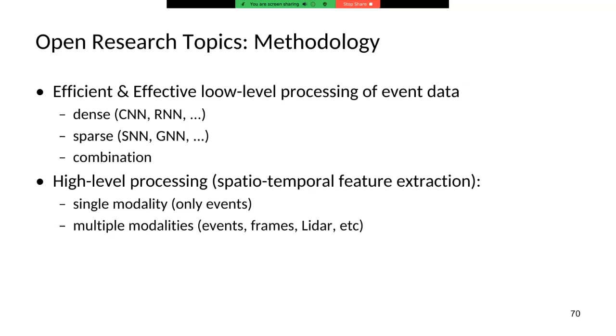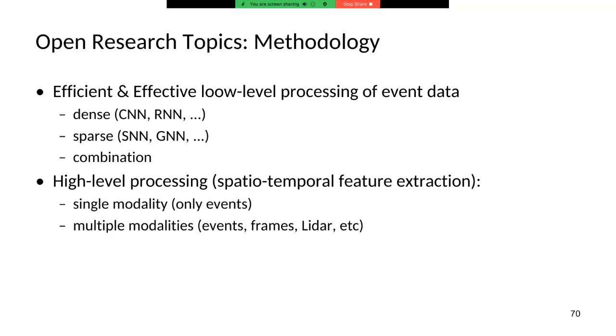And the question is also high-level processing. So how do we effectively extract spatial temporal features from event data? This is still an open question, probably in a single modality. So if you only have events, not considering frames at all, how can this be done efficiently? I think it's still open.